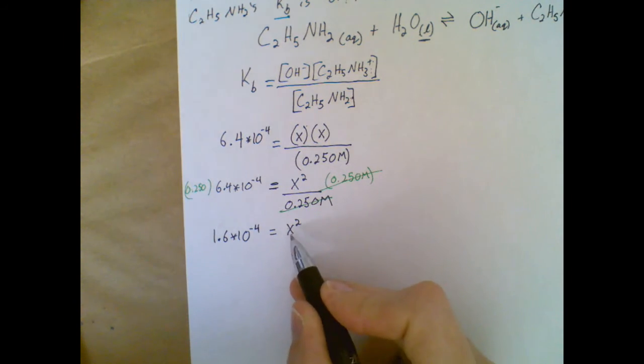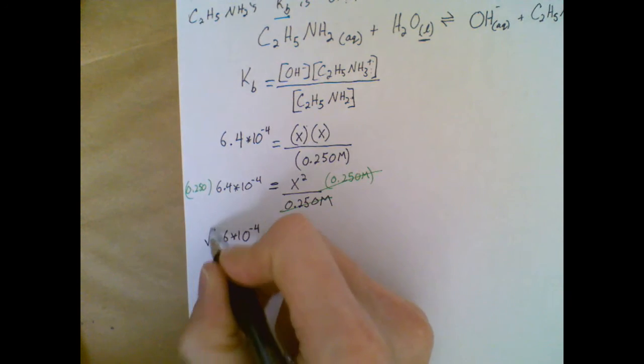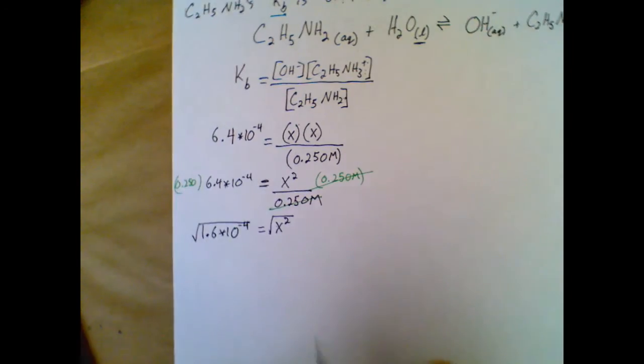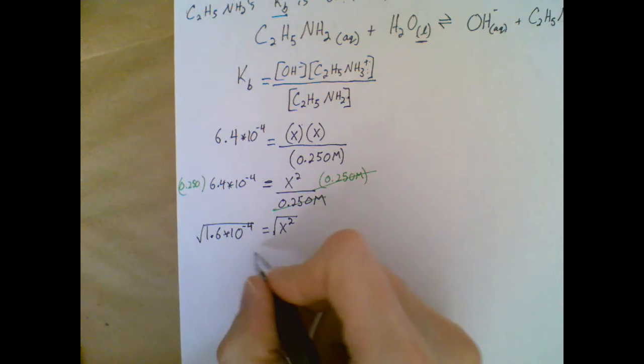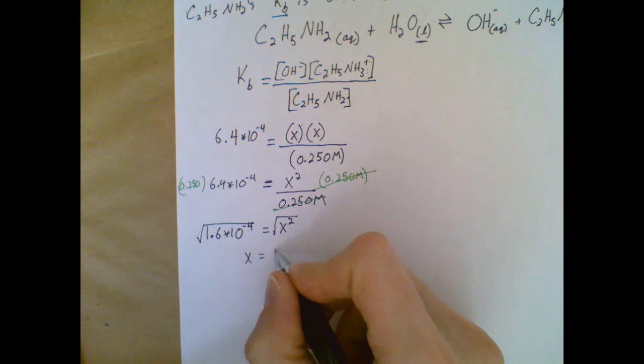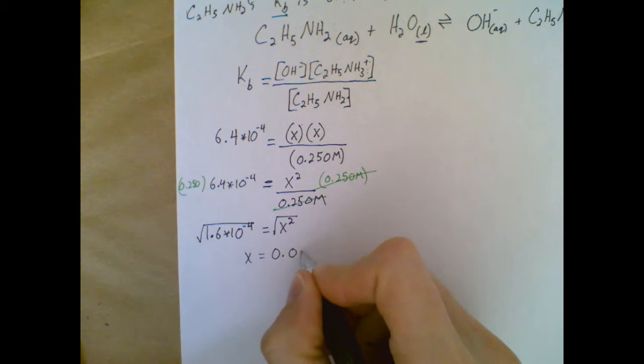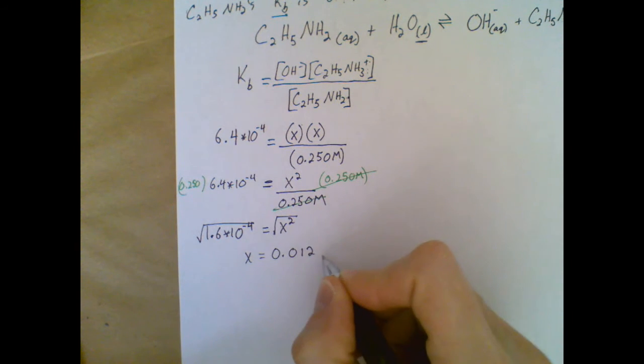Now to solve for x, we take the square root. So we square root that number, and we get an x value of 0.0126 molarity.